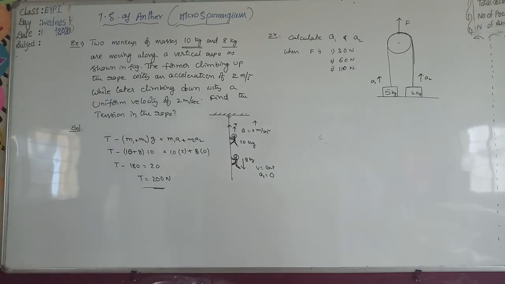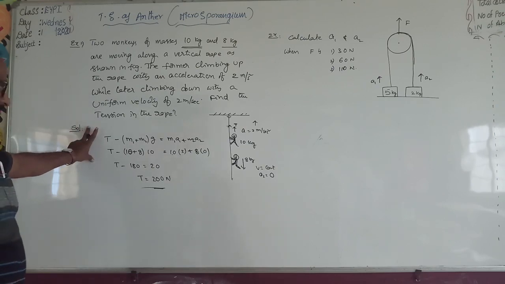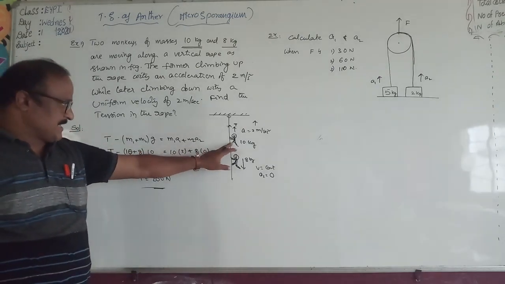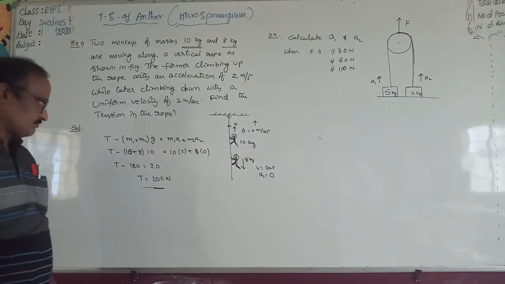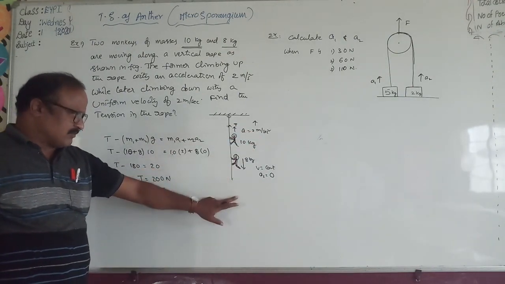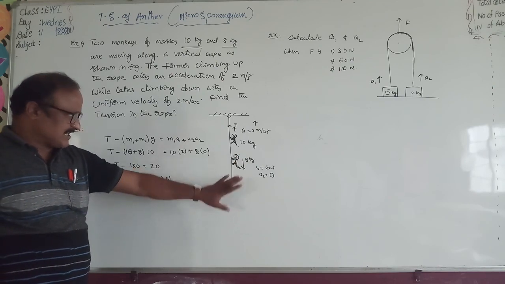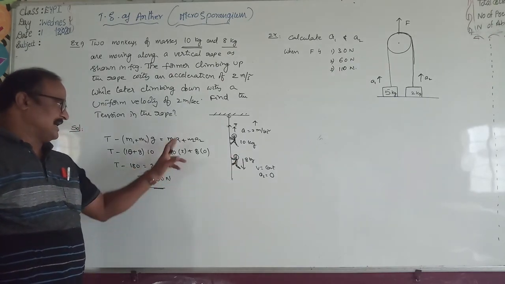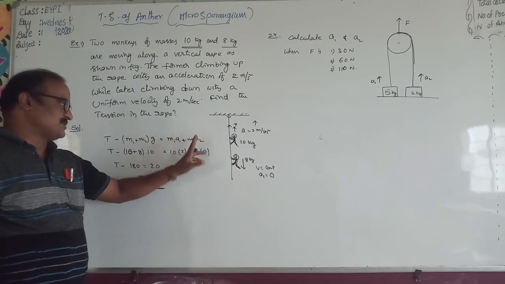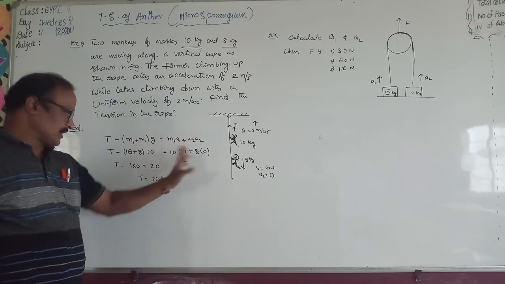Do you understand? Observe this. In the same problem, suppose the first monkey is moving upward with an acceleration of 2 meters per second square and the second one is moving down with an acceleration of 2 meters per second square. If a1 is taken as positive and a2 as negative, the total becomes 0.